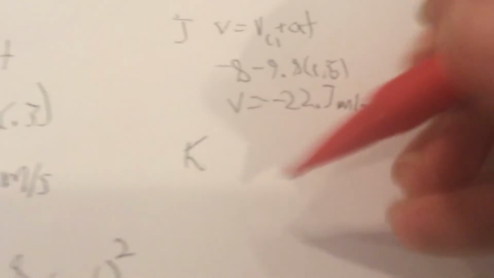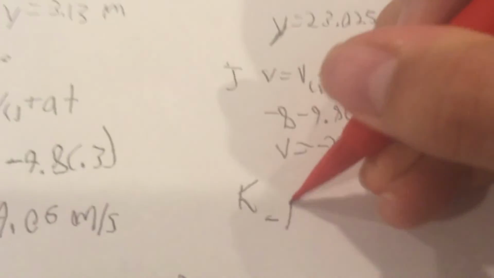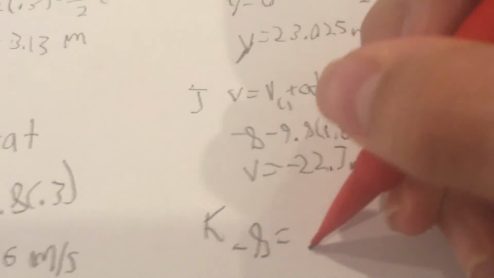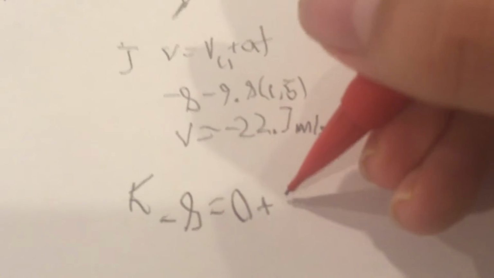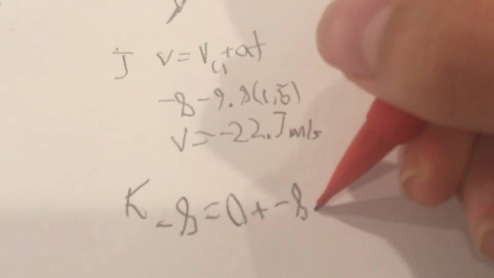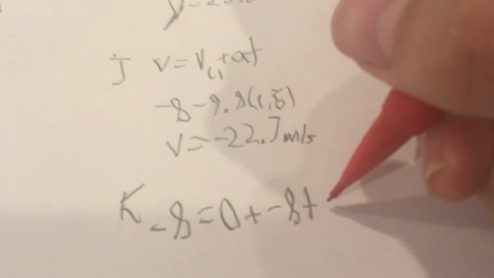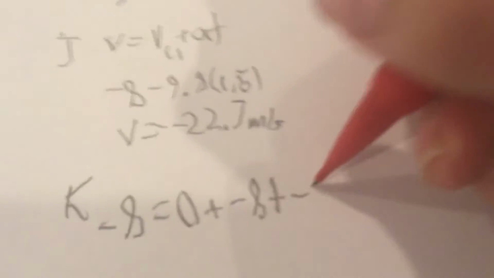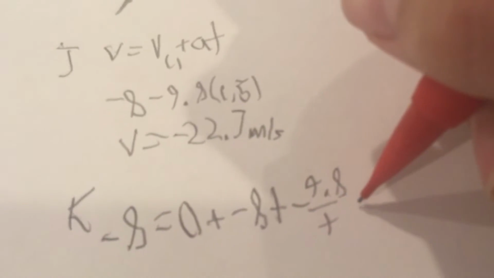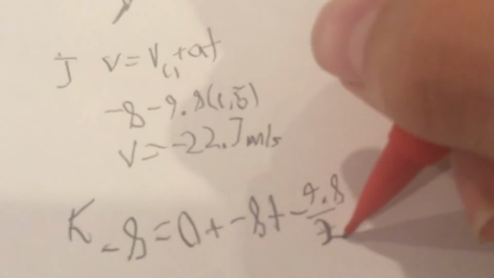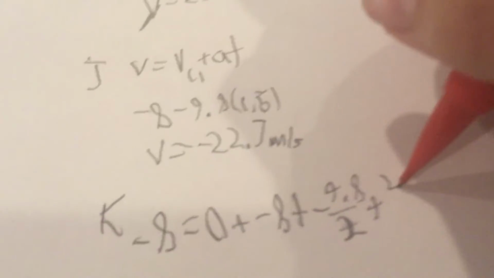So -8 equals 0 plus -8t minus 9.8 over 2 t squared.